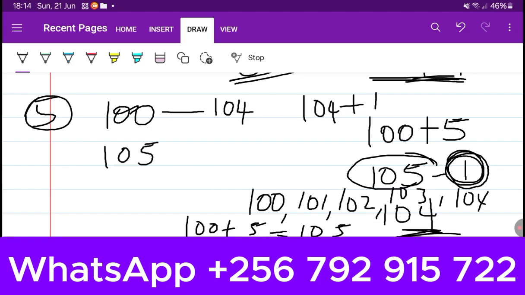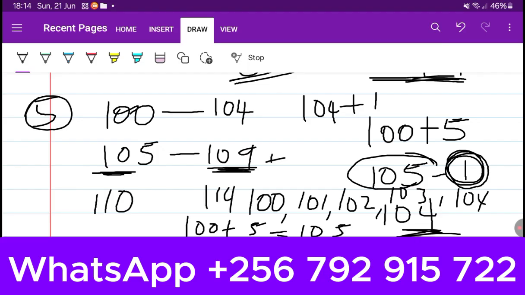Then 105 plus 5 gives you 110. We take off 1, it gives you 109, because this value is inclusive and even this one is inclusive. Then on this one, you add 1 to get 110. Of course, this will be 114. And you do like that until you complete.